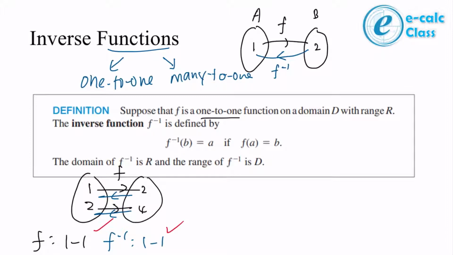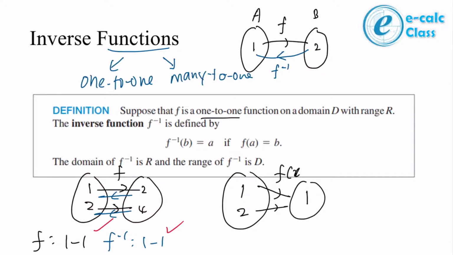However, if it is many-to-1, 1 and 2 map to 0. In fact, f of x, you know that this one should be x to the power 0. So this relation here is a many-to-1 relation, which is a function, no problem, because one input only has one output.